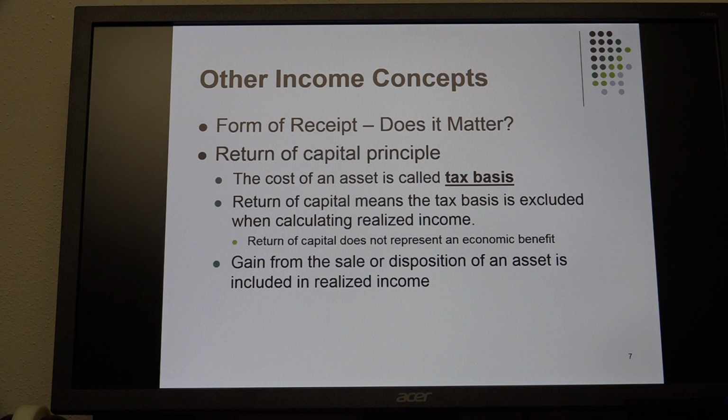The full amount of the proceeds was the amount subject to tax. Well, taxpayers argued, we should be able to recoup the capital that we invested in this property before any income is realized and possibly recognized.